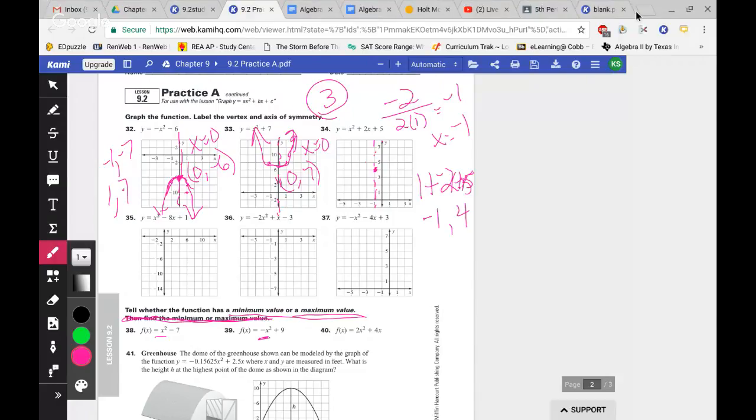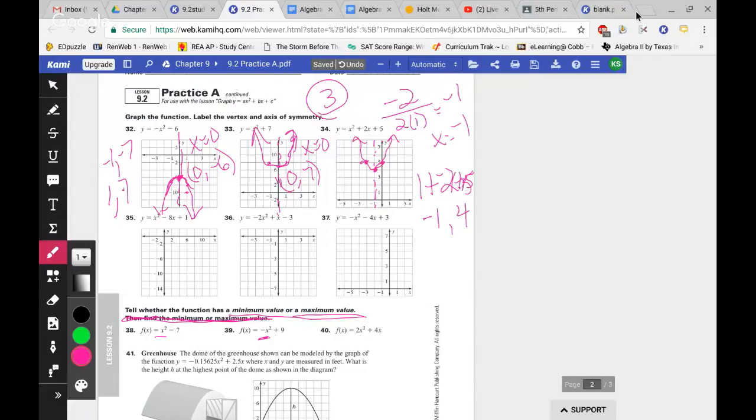Okay, sorry about that. My drawing on there is so bad.